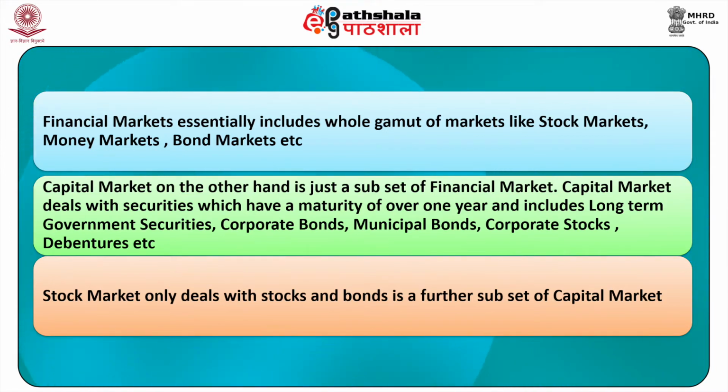The capital market deals with securities which have a maturity of over 1 year and includes long-term government securities, corporate bonds, municipal bonds, corporate stocks, debentures, etc. The stock market only deals with stocks, and bonds are a further subset of the capital market. So, these are the distinctions between different markets.